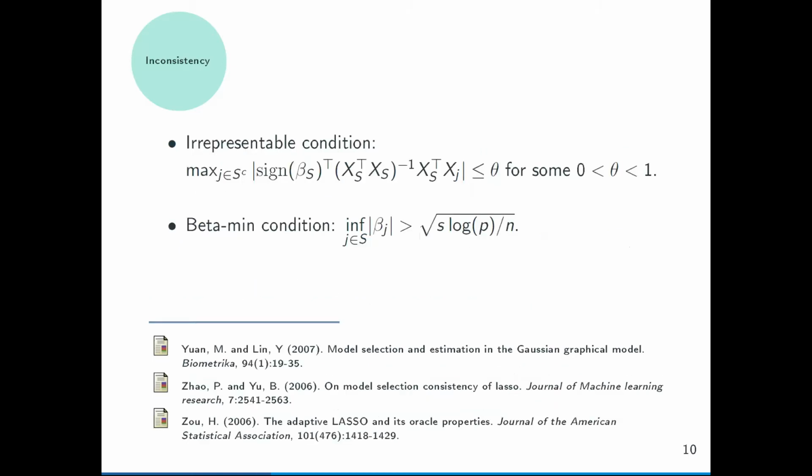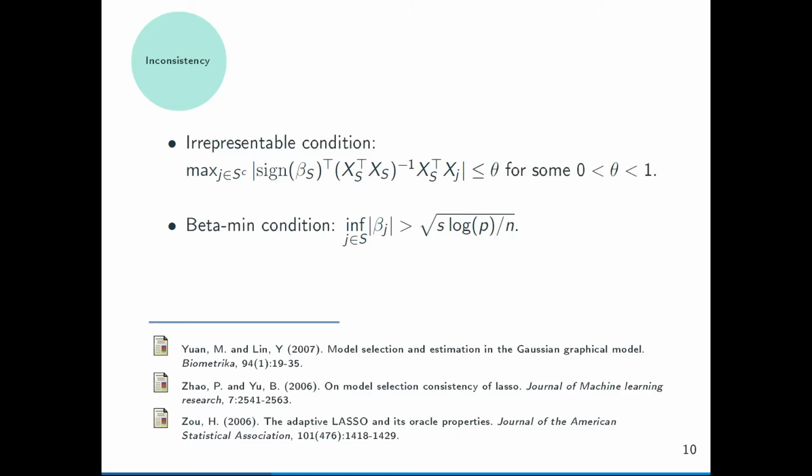We can distinguish between 2 different types of assumptions. The first one is related with the structure of the covariates matrix. Here, X_S denotes the submatrix of X, taking into account only those covariates belonging to the S set, and similarly for the beta vector.